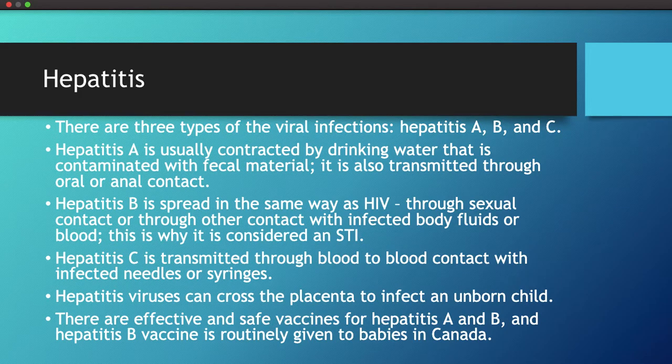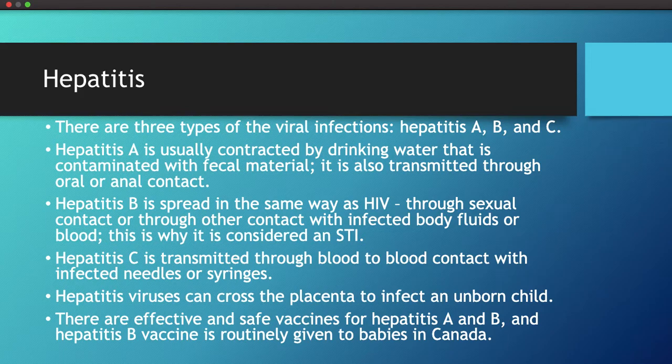Okay, which brings us to hepatitis. The next one, hepatitis. There are 3 types of viral infections called hepatitis, A, B, and C. Hepatitis A is usually contracted by drinking water that's contaminated with fecal matter. It is also transmitted through oral or anal contact.